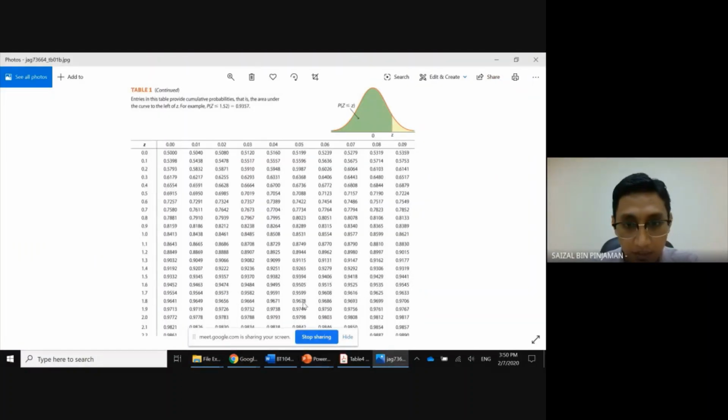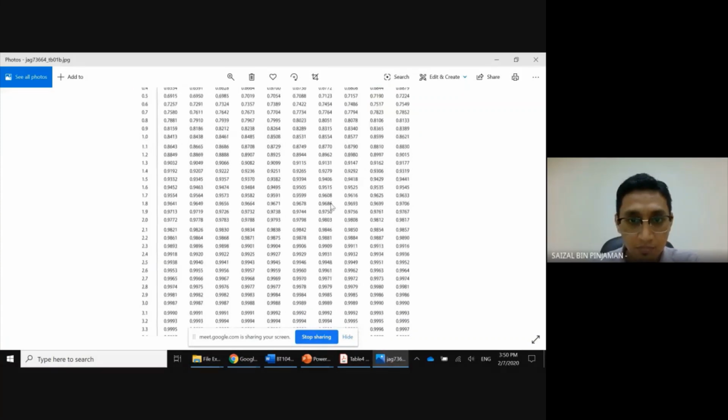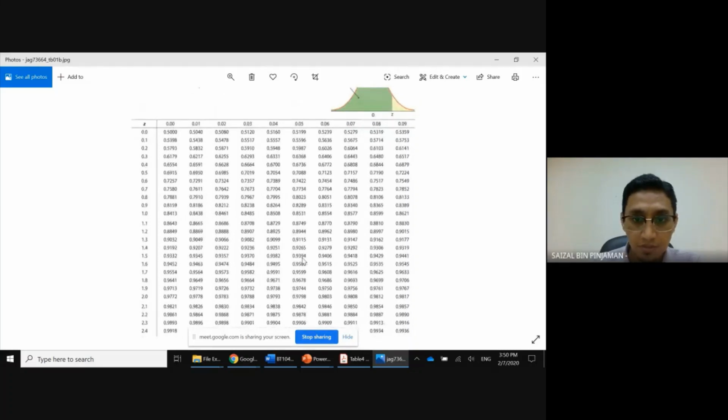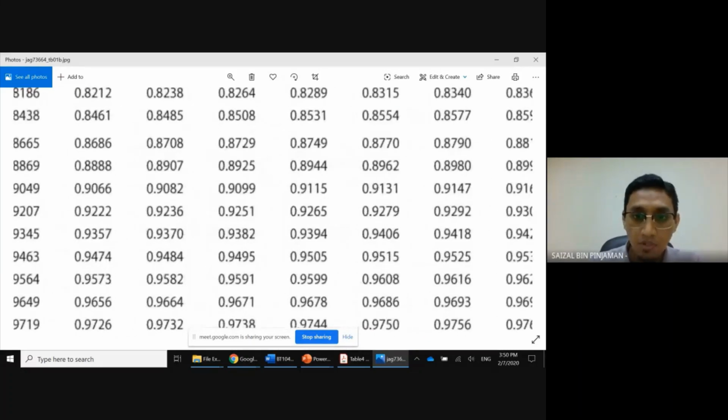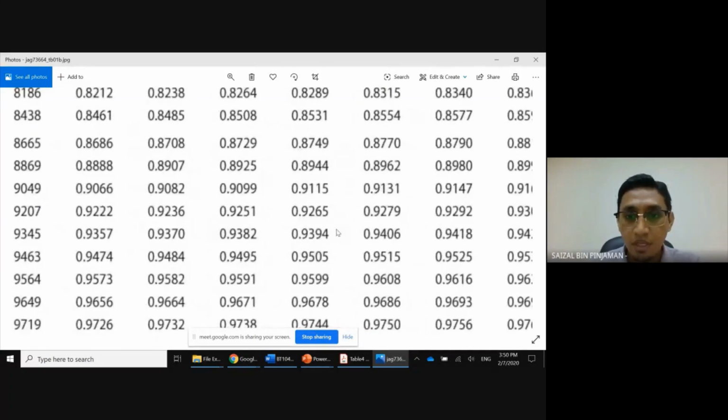In this case, okay, so this is the probability. When z is equal to 1.85, probability is 0.9394 or 93.94%.